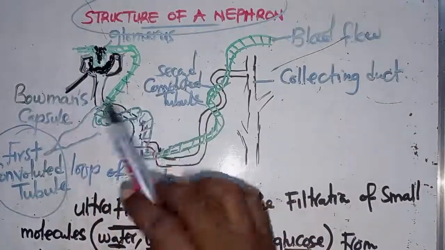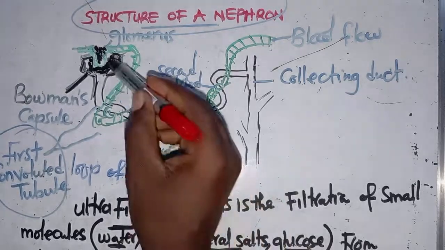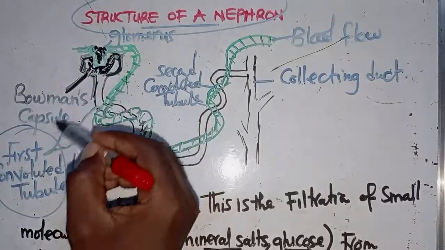This is the Bowman's capsule that is there. You discover that this one is caused by pressure in the glomerulus. For this to happen, there must be high pressure in the glomerulus.